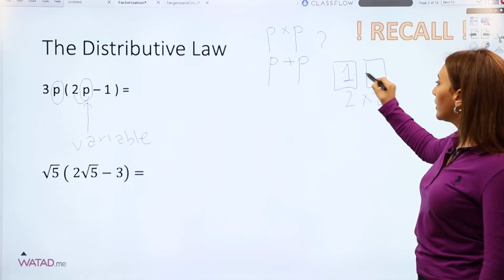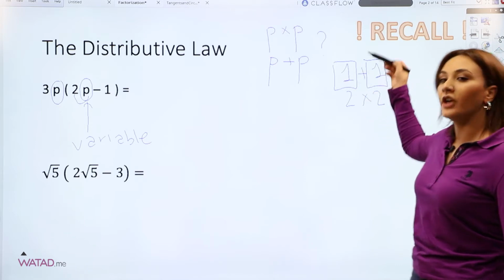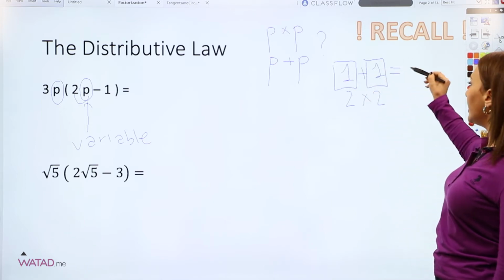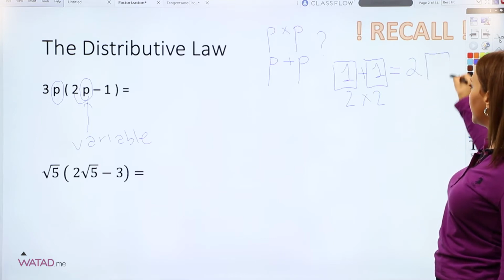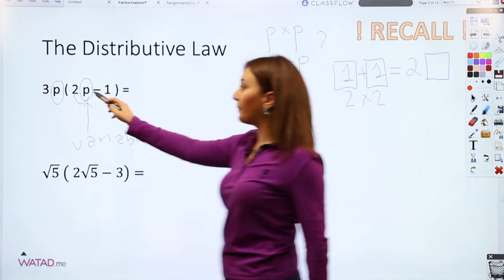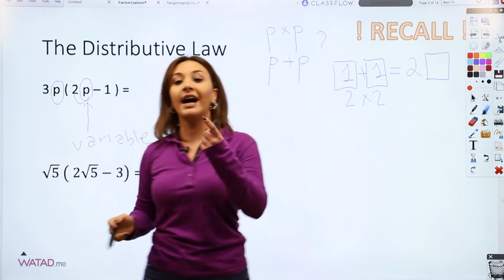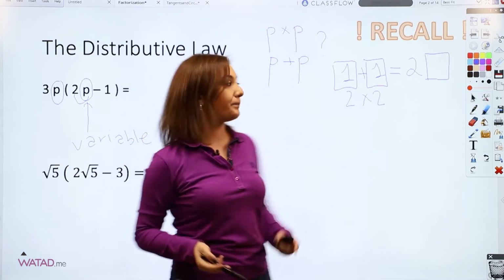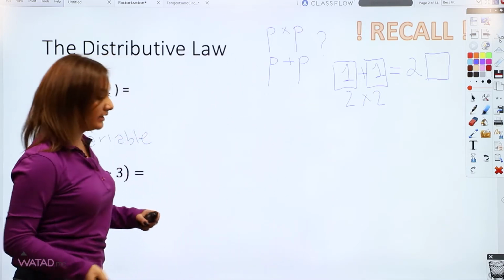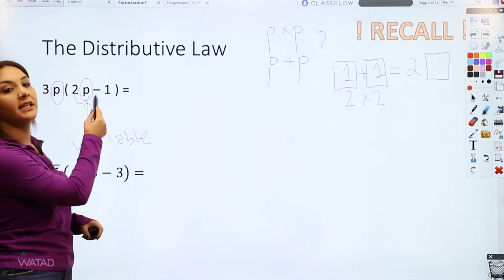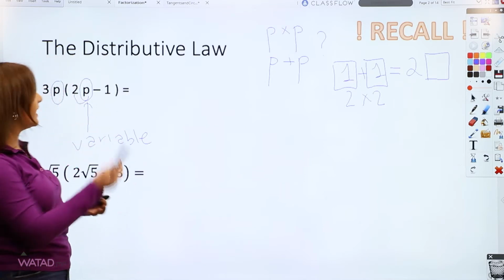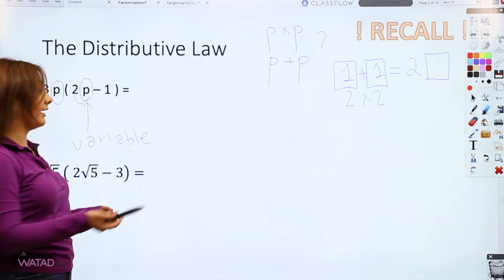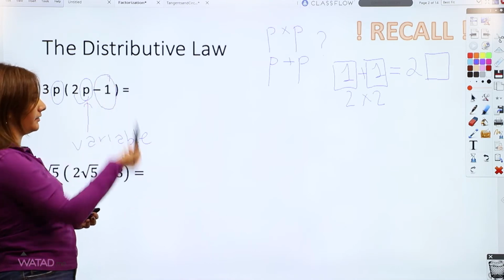This is one box plus another box, which gives me 2 boxes. So if I have 2p, it means I have p plus p. What does it mean to have 2p minus 1? How can I still say this is a monomial, whereas I have a coefficient here?